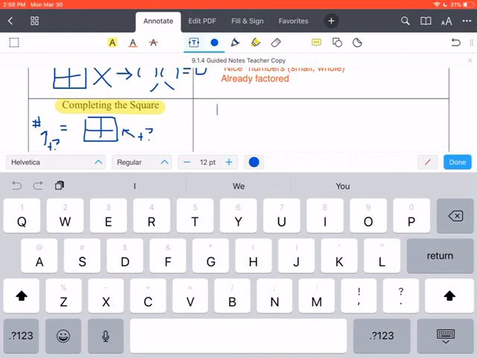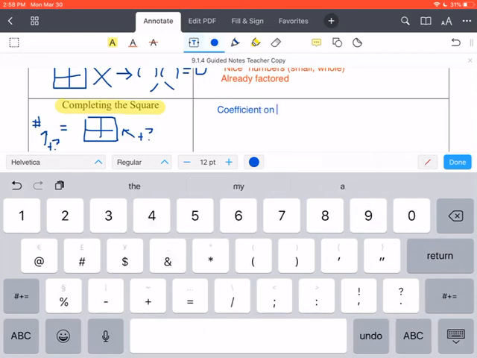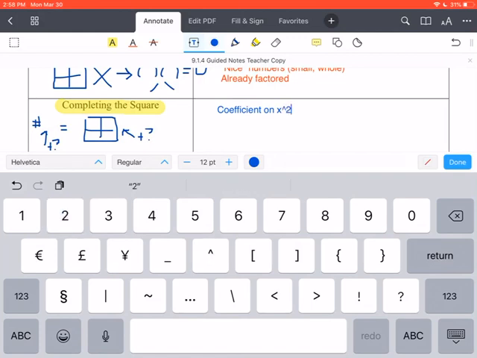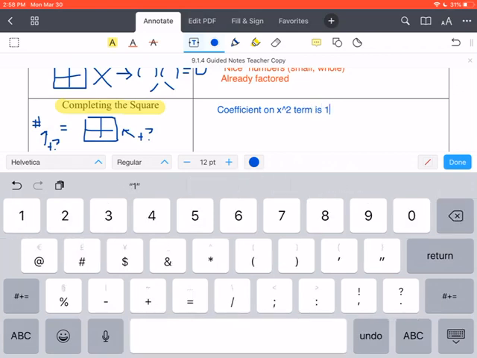But the first key is we want to see that the coefficient on the x squared term is 1. If there is a number that is not 1 in front of the x squared, then you really don't want to use completing the square. I'm not going to get into detail with that.